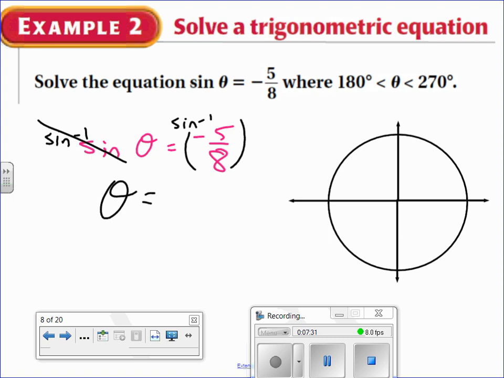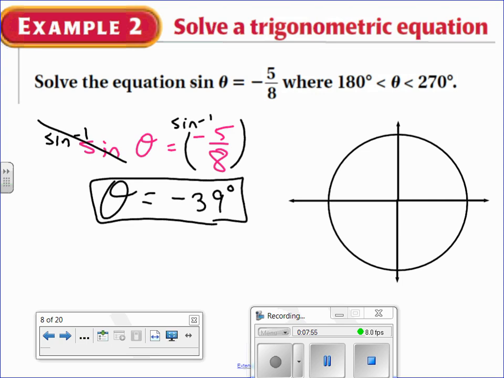So second sine, negative 5 over 8. Everybody type that in your calculator. Second sine, negative 5 over 8. We're going to round to the nearest degree. So I'm going to round that to negative 39 degrees. Now, that's not our final answer. I should not have even circled that.